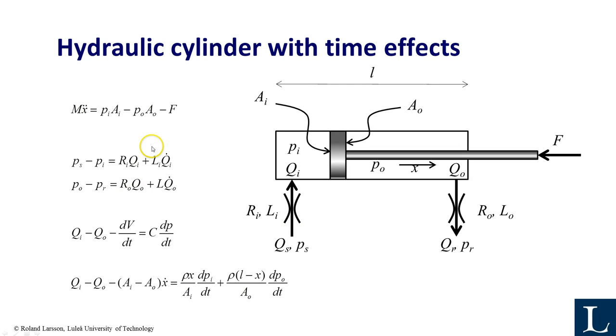So a little bit more complex model for the cylinder can be found on this slide. Again, we make use of the force equilibrium. In this case, the mass is the mass of the piston, and maybe something connected to the piston. So it's the forces on the inlet side, forces on the outlet side, minus the applied force here.